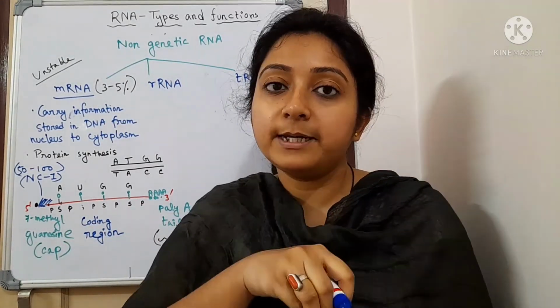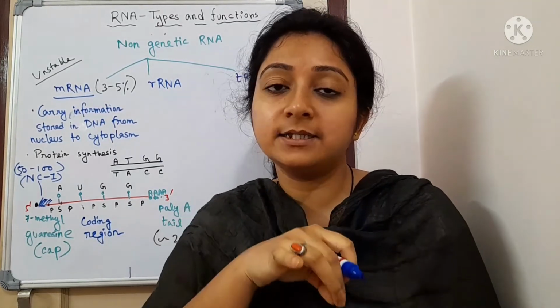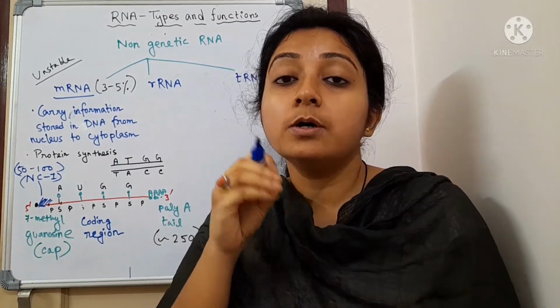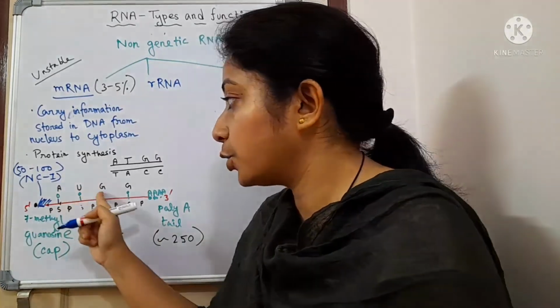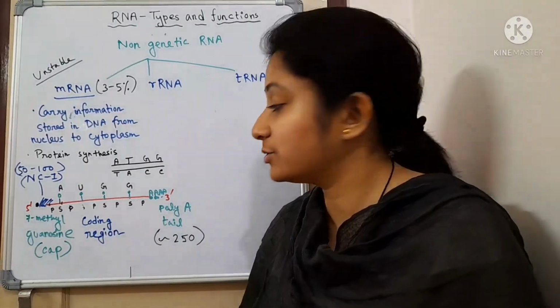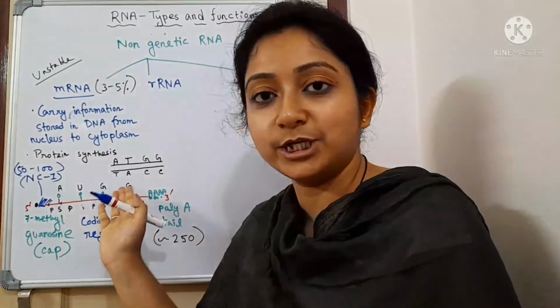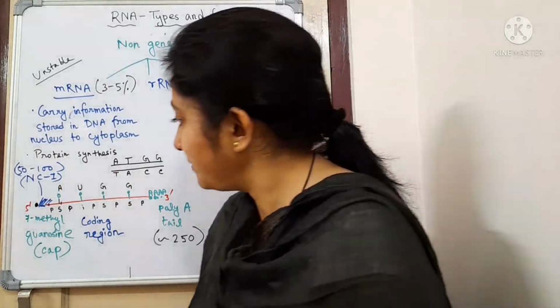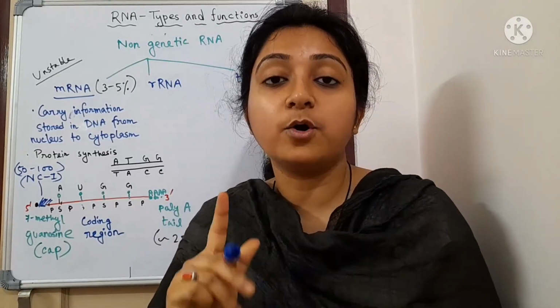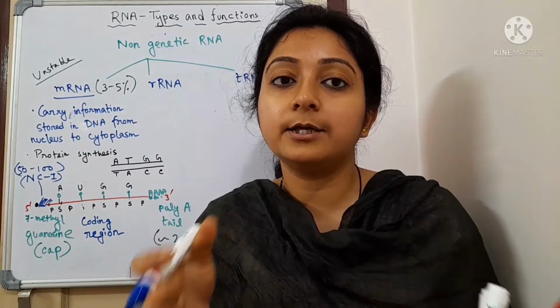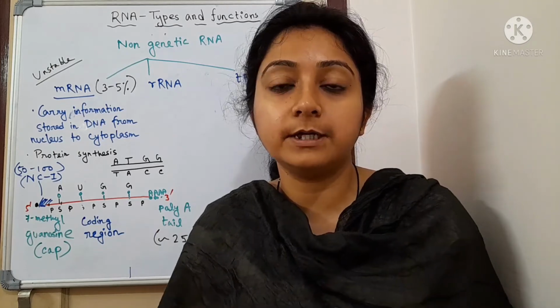So from any one place, this protein synthesis has to be started. So there is a particular start codon that is considered as AUG. Surprisingly, I have made it here, this is AUG. I have not made it intentionally, but I can see that I have already made it. So AUG is the start codon. For now, keep in your mind that AUG is the start codon for each and every organism.